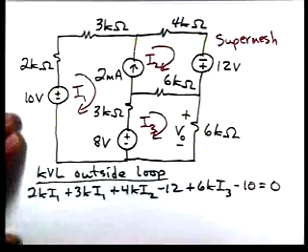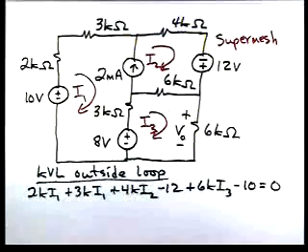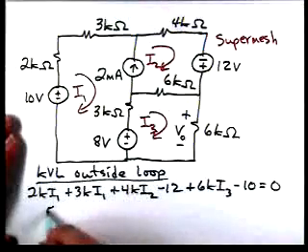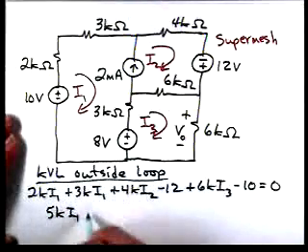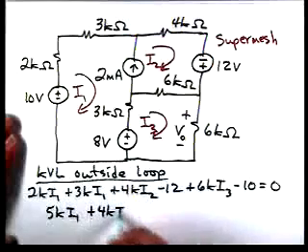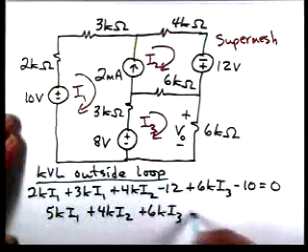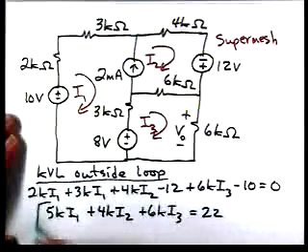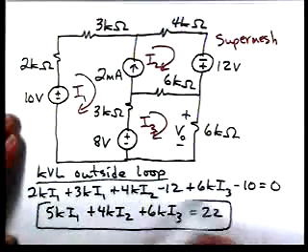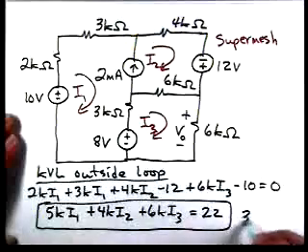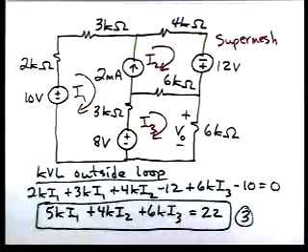It's equal to 0. And if we look and collect terms, we'll have 5K I1 plus 4K I2 plus 6K I3 equal to 22. Okay, here's our third equation.